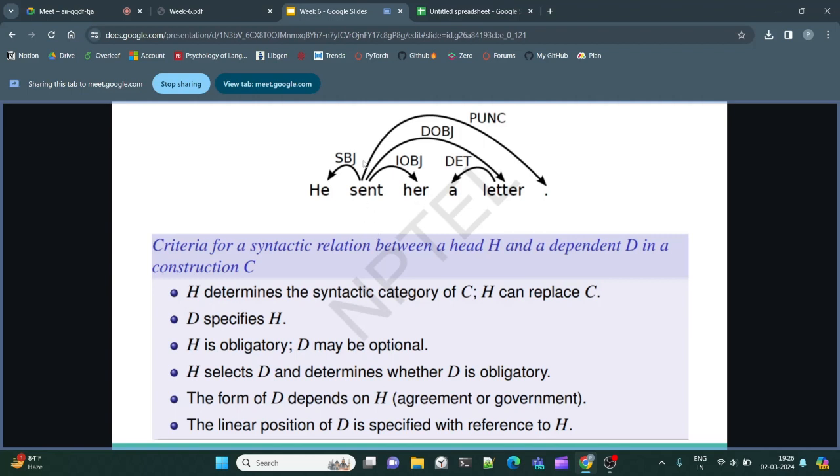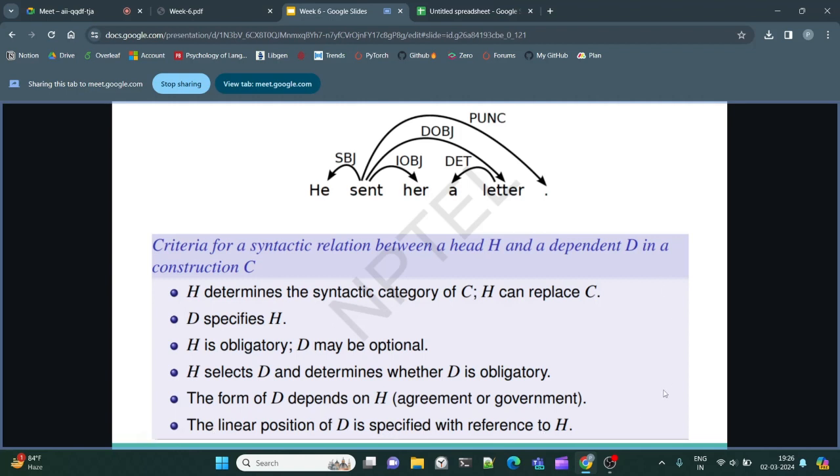So based on where the verb appears, the linear position of the dependent is fixed. If I consider the dependent to be the subject, I know that it would appear on this side of the verb, whereas if the dependent is the direct or indirect object, whether it be "letter" or "her", it would appear on the other side. That is what the last criterion implies.